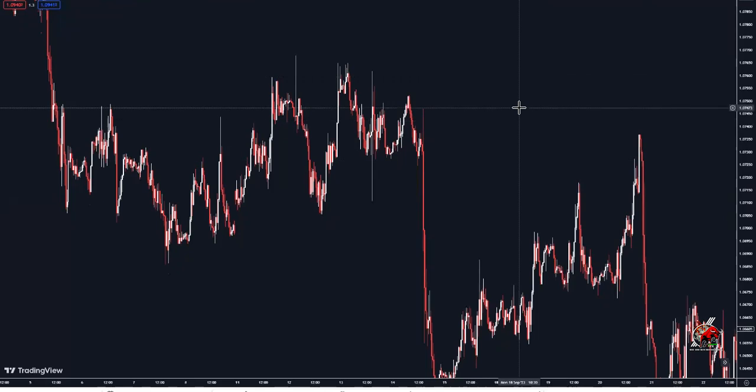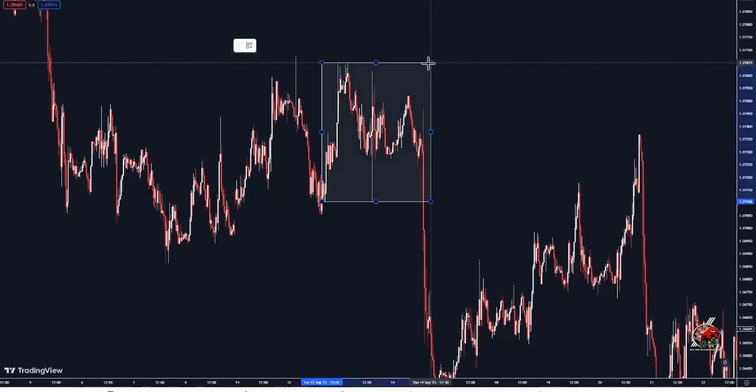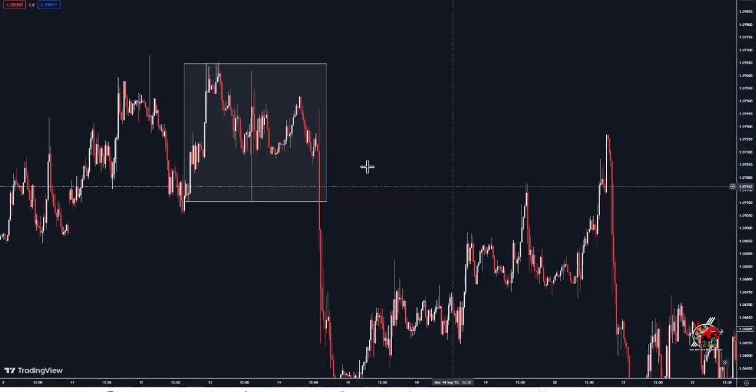For example, if you look at time frames like 4 hour, bigger time frames, you will notice that the market will only create one consolidation, and then rallies down, and then you're gonna enter off an order block that is given to you on that consolidation. For example, right here we have our consolidation.